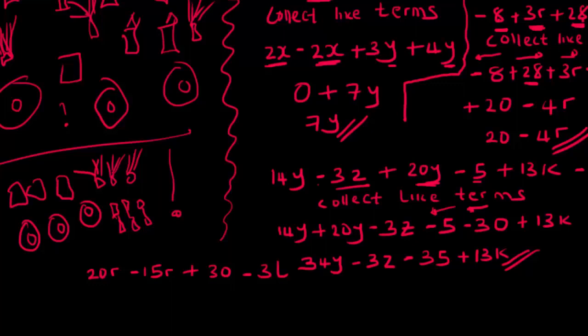If you look at it, it's already collected. So we have r together, we have a number, we have l. So we can just add up 20r minus 15r. That is what? 5r. I don't have any other number, so I'll just put this number. And then I don't have any other l, so I'll put minus 3l. That's it. I hope you got it.